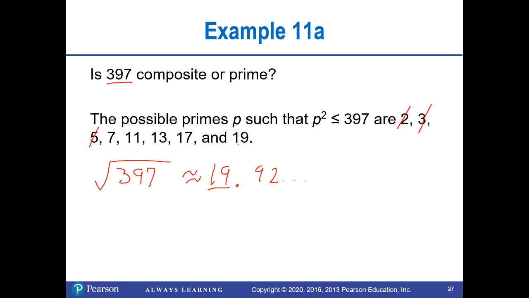We know that 19 doesn't divide it because the square root is almost 20. So 19 clearly doesn't divide it, but I'll check it anyway just to make sure. So 397 divided by 19 is 20.89. So 397 is a prime number because none of these prime factors divide it.